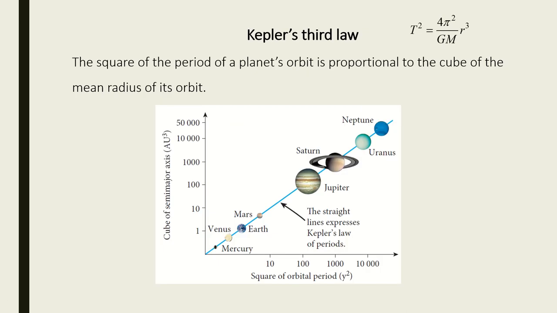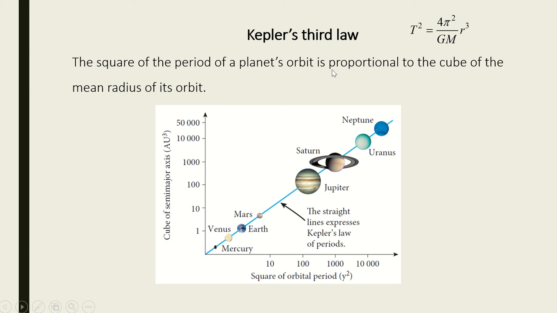Kepler's third law is basically that the square of the period of a planet's orbit is directly proportional to the cube of the radius. And this follows all planets. So if we plot the orbital period squared, T squared, on the x-axis, and then the mean radius of its orbit cubed, it's directly proportional, so a straight line through the origin.